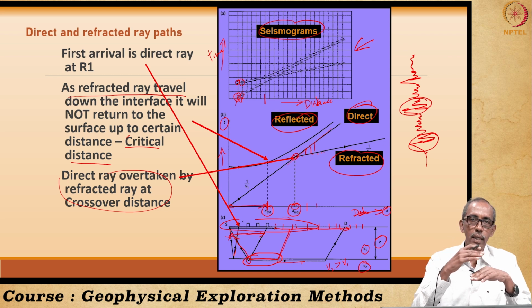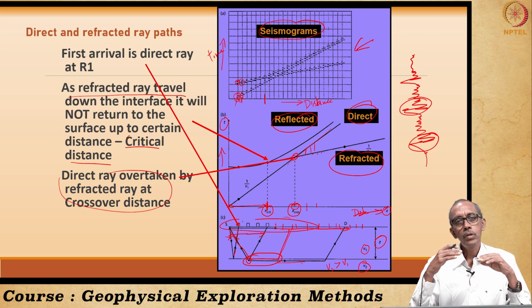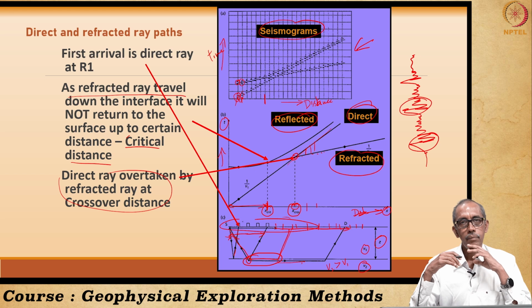So, they have more density, more elastic constants, high rigidity modulus and bulk modulus, due to which in general layers below will have higher seismic velocity than the layers immediately above them. There can be some exceptions, but in general this will be the trend.